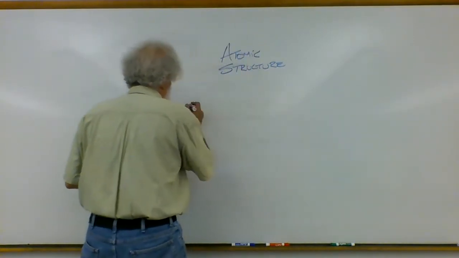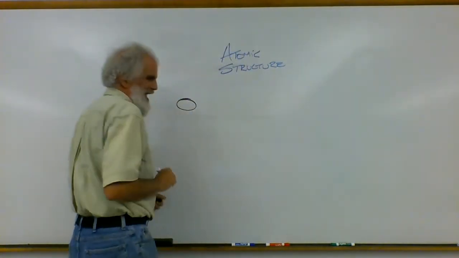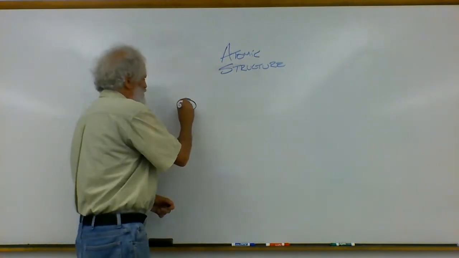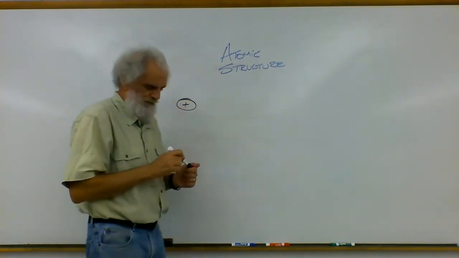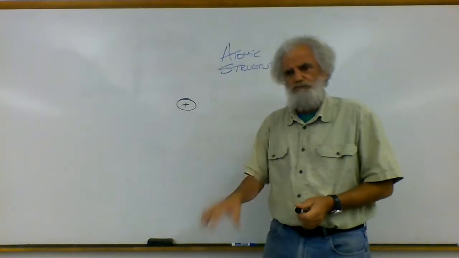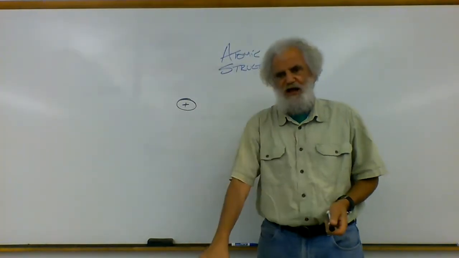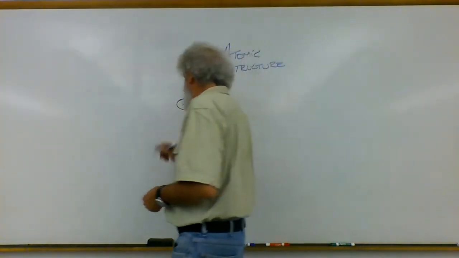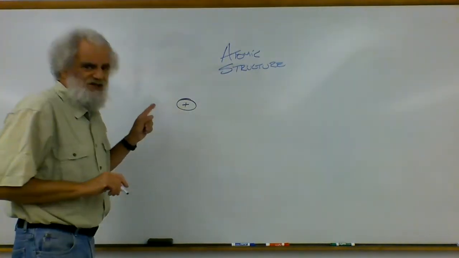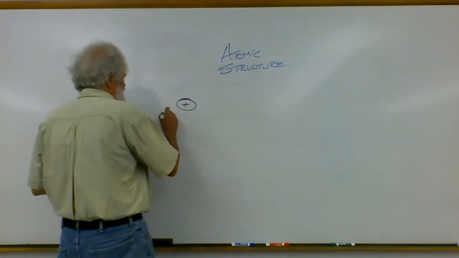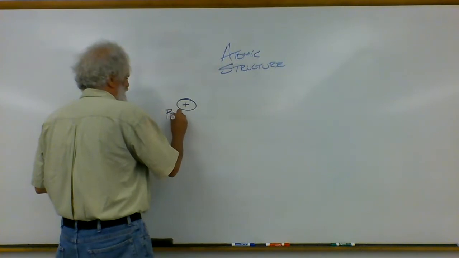So here is our basketball with a plus sign. Put it down on the 50-yard line. That basketball is a positively charged particle called a proton.